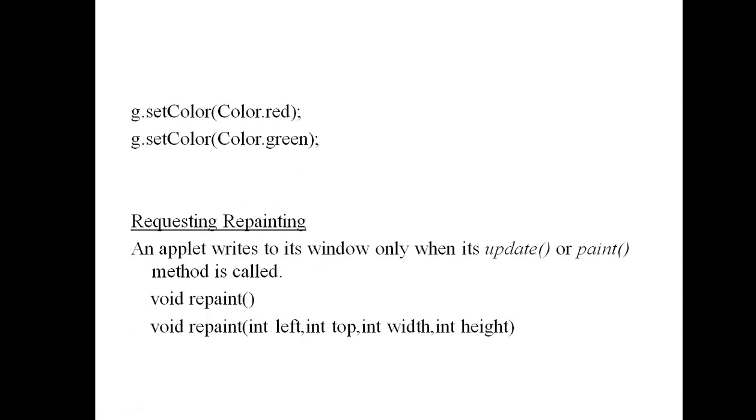Now, requesting repainting of an applet. An applet writes to its window only when its update or paint method is called. So repaint is the method used to update our applet window. For example, you are minimizing your applet window, or you are using another application in the foreground; automatically your paint method will go to the stopped state, and that is a state in our applet life cycle.